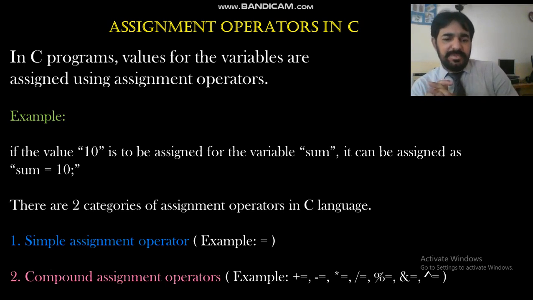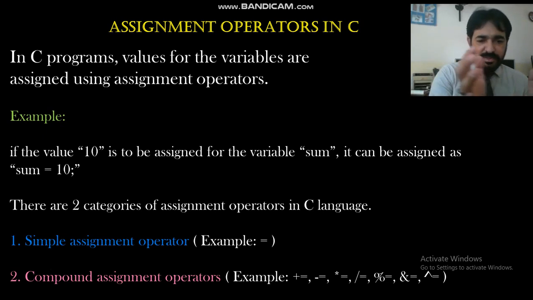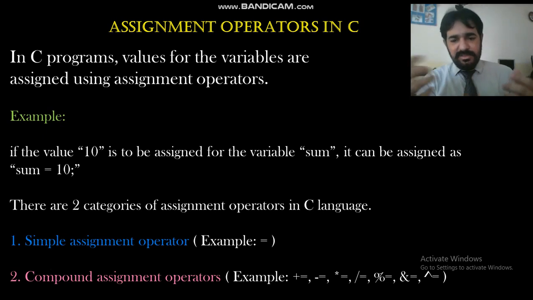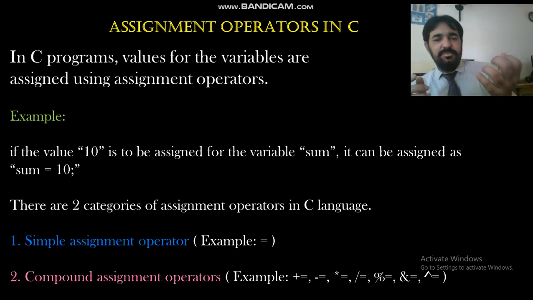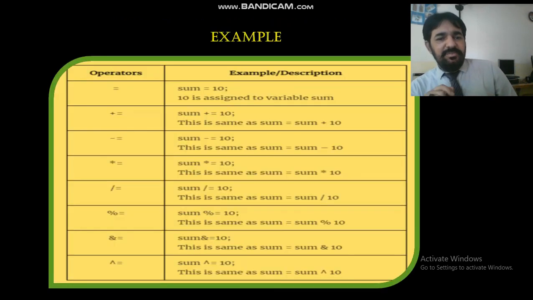Simple assignment operators, an example is the equal sign. Then compound assignment operators, which are combinations such as +=, *=, /=, %=, >=, <= and so on. So it's a compound combination of two operators we use in this type. Example is there.